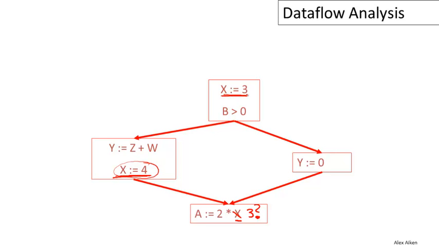So x is assigned a constant here, and x is assigned a constant here. But this value of x down here is not known. We don't know which constant it is going to be, because if we come from this path in the execution, then x will be 4, and if we come from this path, the value of x will be 3. And so we can't replace x here by either one of those values, and it's not safe in this case to propagate constants to this use of x.